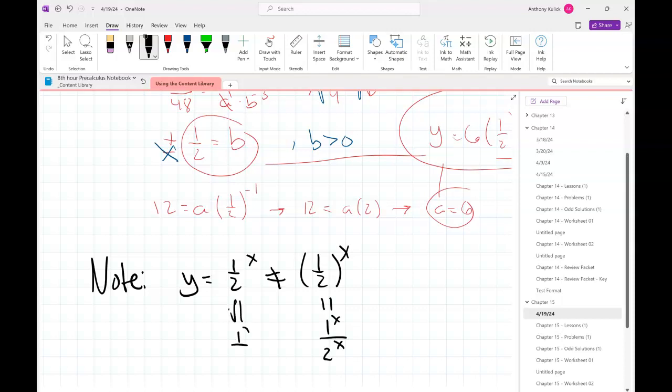This is just 1 to the x over 2 to the first. So you need to make sure you're putting a parenthesis around any fraction that has an exponent on it, because they mean two different things. Is everybody cool as to why I'm going to be picky about that notation? Communication is important when you got to mean what you write down.